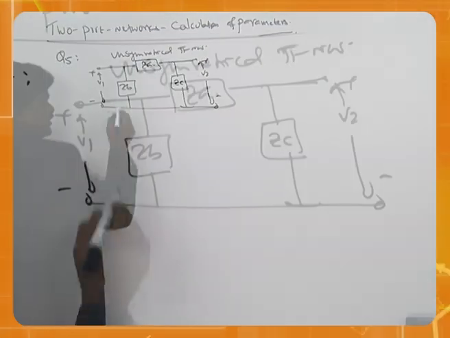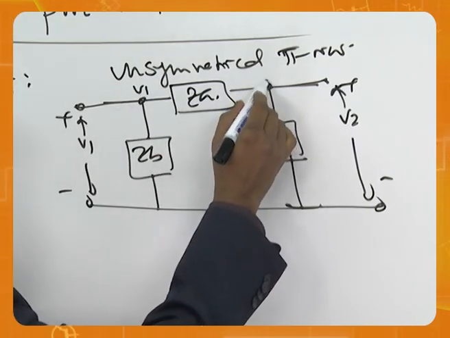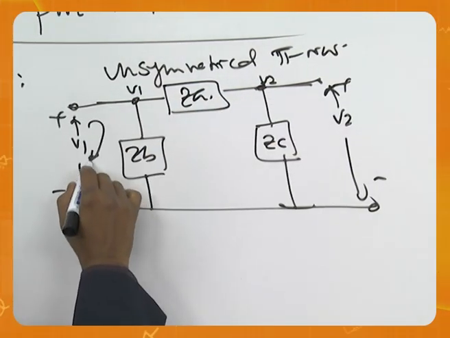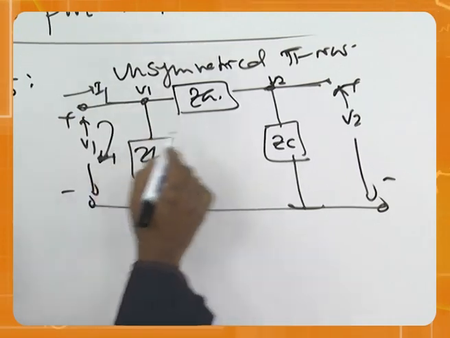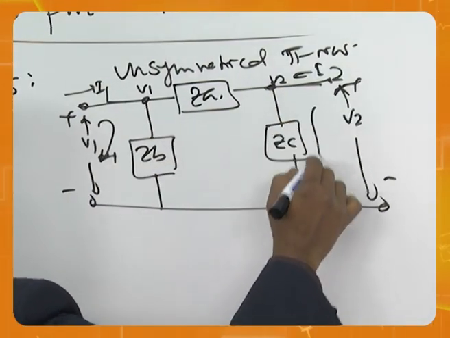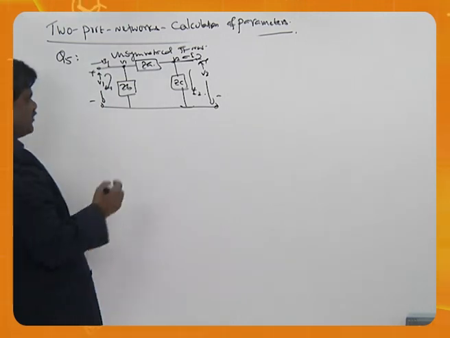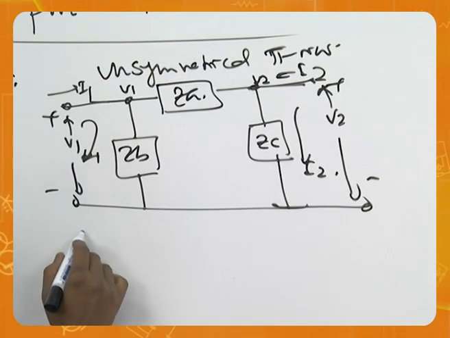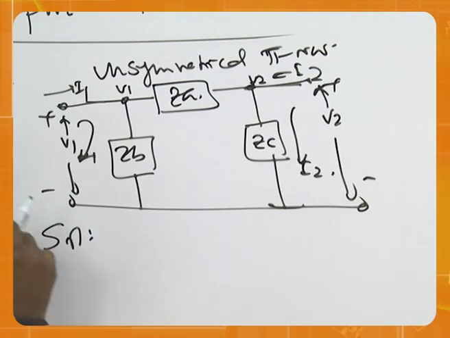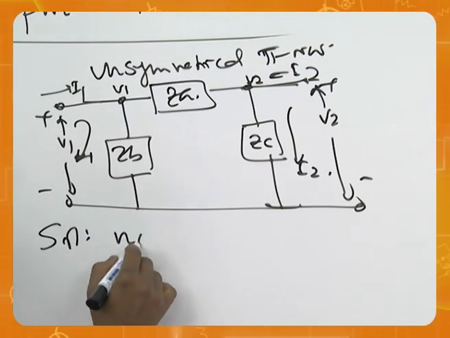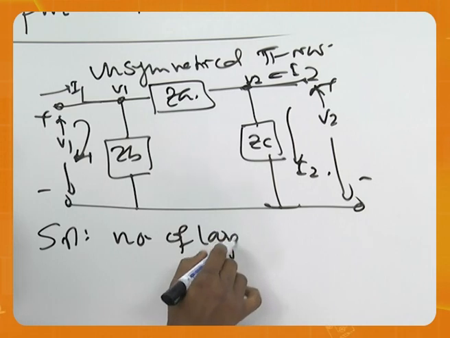Say this is V1, V2, and this is I1, I2. So what happens here? Suppose solution. Number of loops, how many?